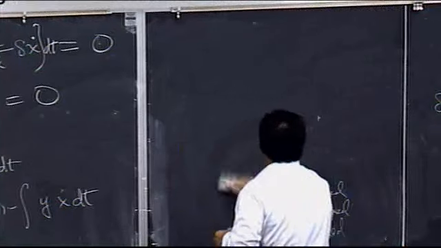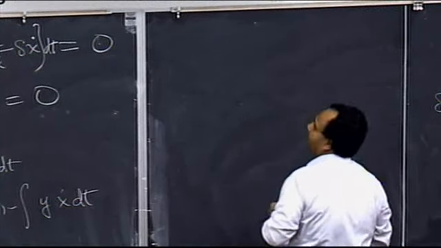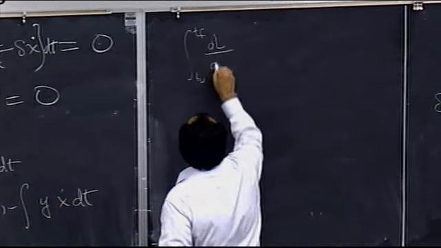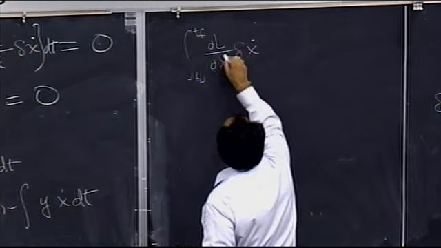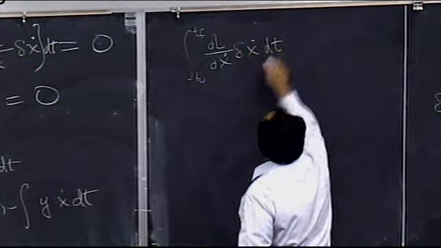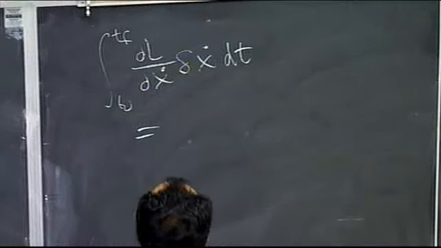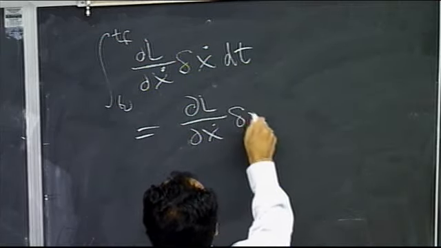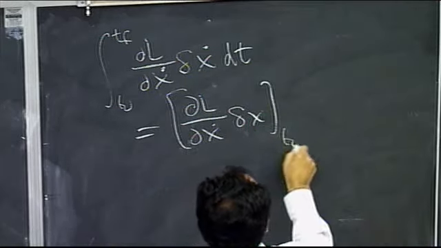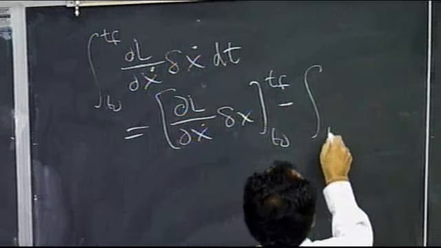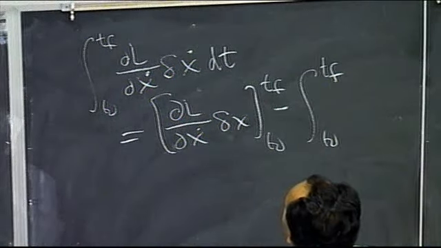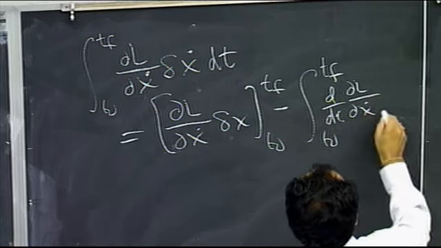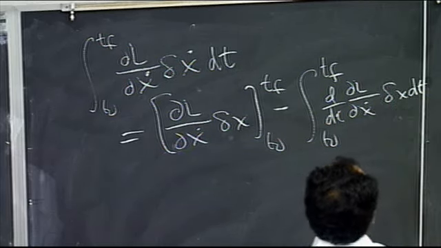So I can integrate that second term by parts. The integral from t0 to tf of the partial of L with respect to x dot times the variation in x dot dt is equal to what? If I call this u and this dv, I get uv, which gives me the partial of L with respect to x dot times the variation in x evaluated between t0 and tf, minus the integral from t0 to tf of d dt of the partial of L with respect to x dot, times the variation in x dt.